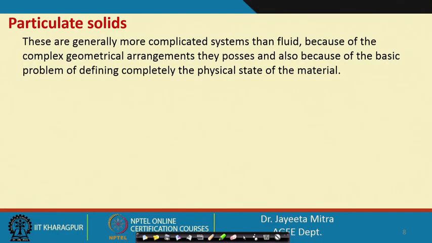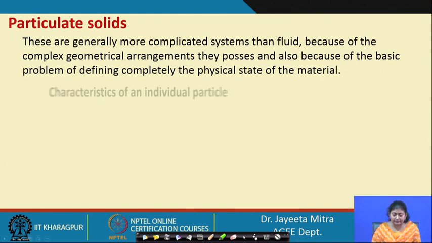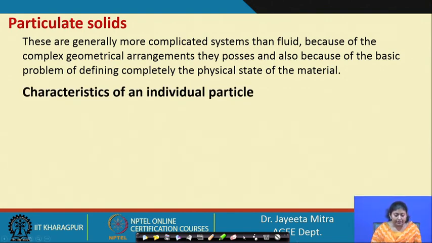That is where we face challenges, because particulate solids are generally a more complicated system than fluid, because of the complex geometrical arrangements they possess, and also because of the basic problem in defining them completely in terms of the physical state of the material.